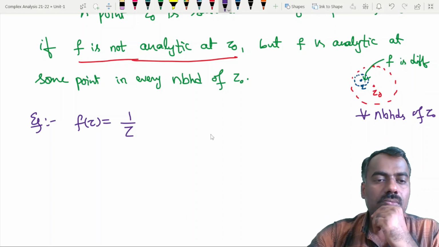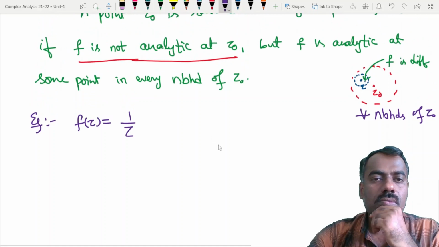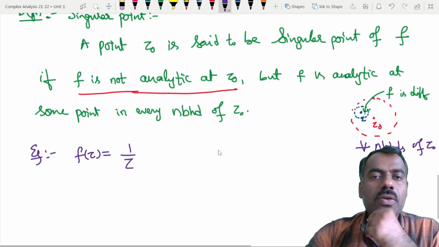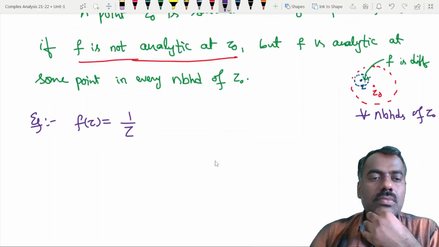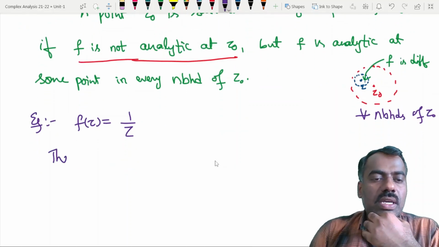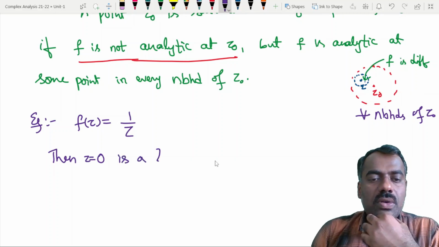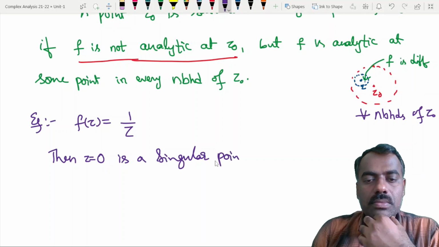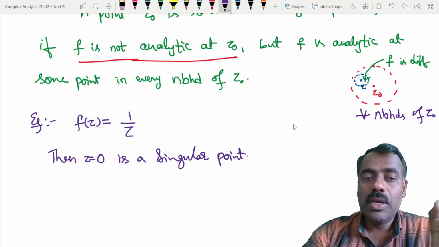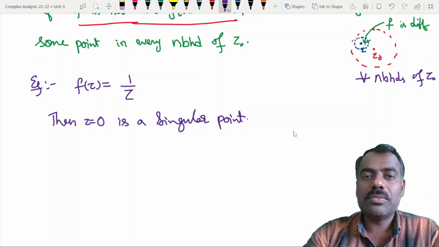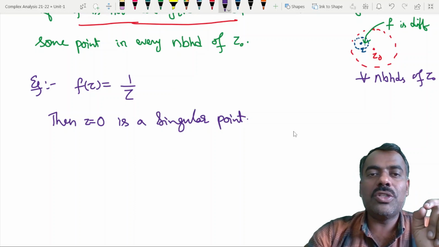Now the question is whether 0 is a singular point or not. Then z equal to 0 is a singular point. Why is it a singular point? That means what we want to prove? Take any neighborhood of 0; at least at one point it should be analytic.